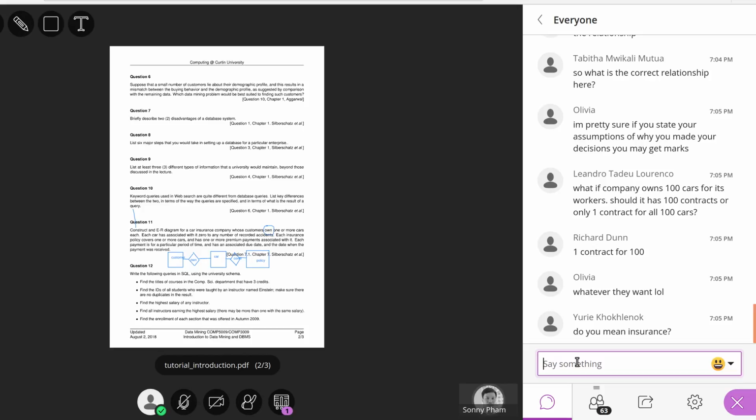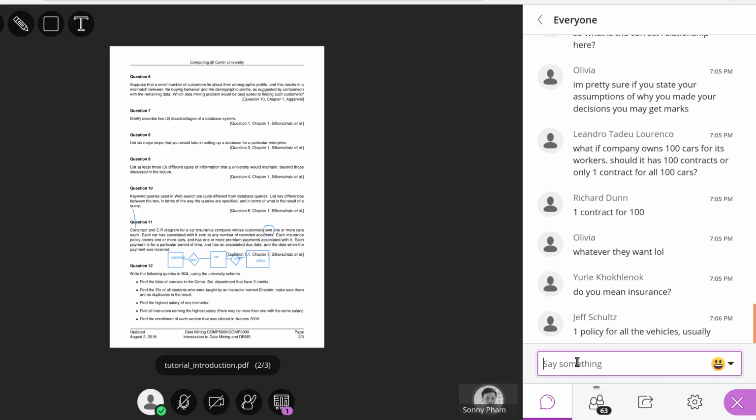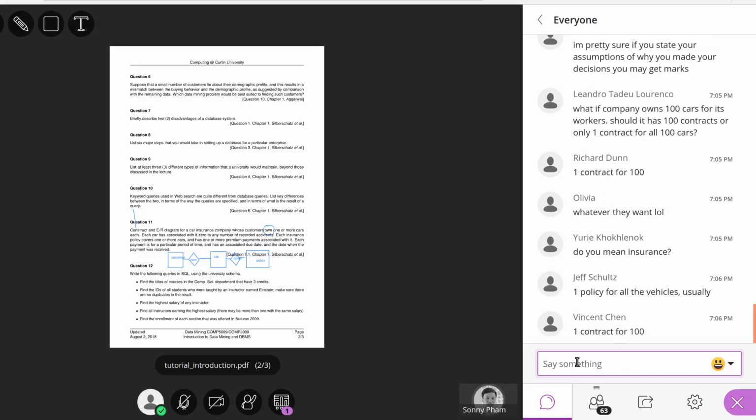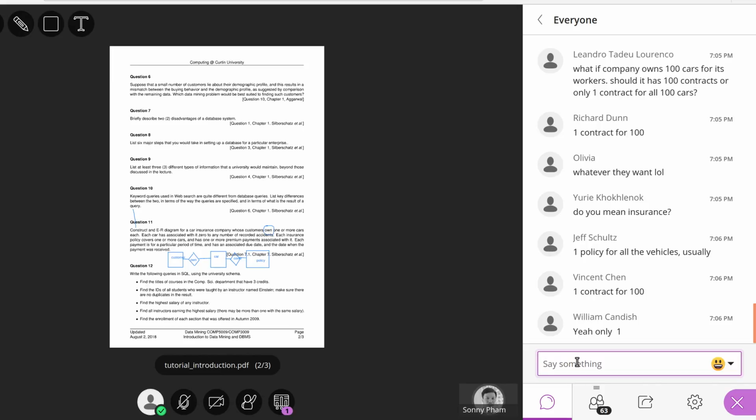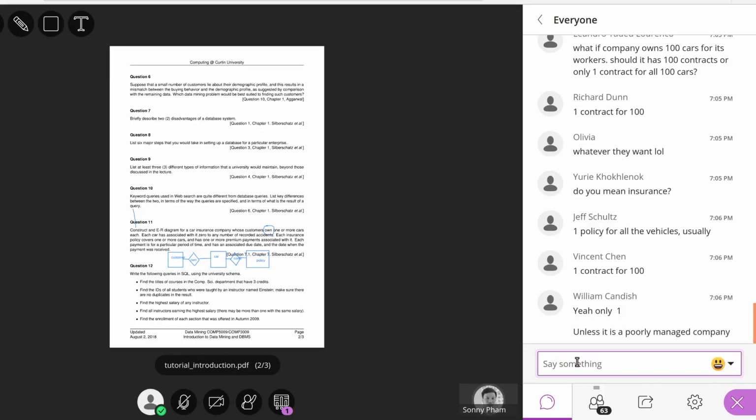So I guess if you have 100 cars, the only problem in practice with one contract for 100 cars is that if a car is written off, then you have to change the contract somehow, right?